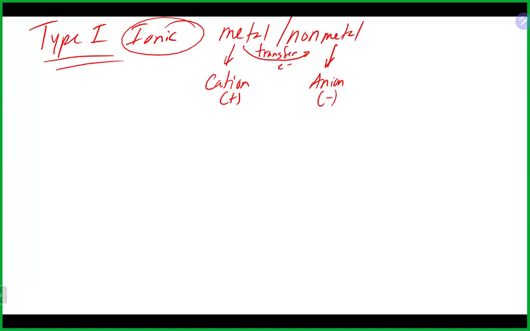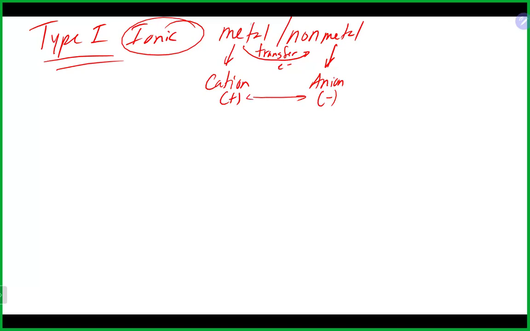And again, a reminder, as we'll talk more about when we get into bonding, that there's absolutely no sharing of electrons in this situation. It is the attraction between the positive and negative that holds it together.